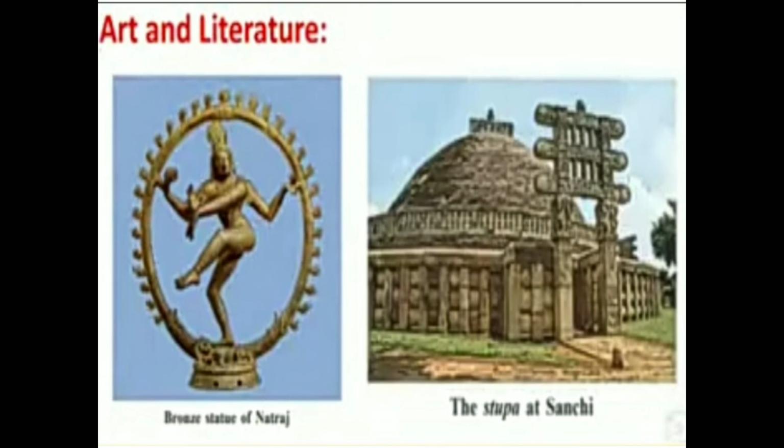Art and architecture. Indian architecture reached its peak during the Maurya and the Gupta periods. The stone pillars erected by Emperor Ashoka at various places are excellent examples of Indian sculpture.